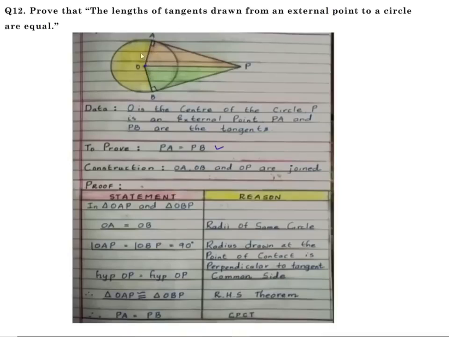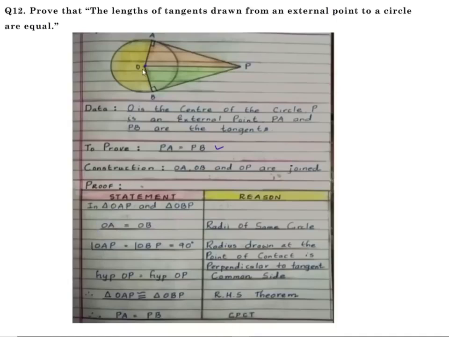The common side is OP. OA and OB are the sides of the triangles, and they are radii. They are both equal because they are radii of the same circle.